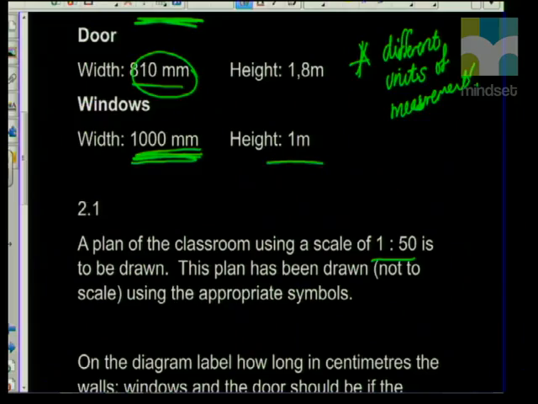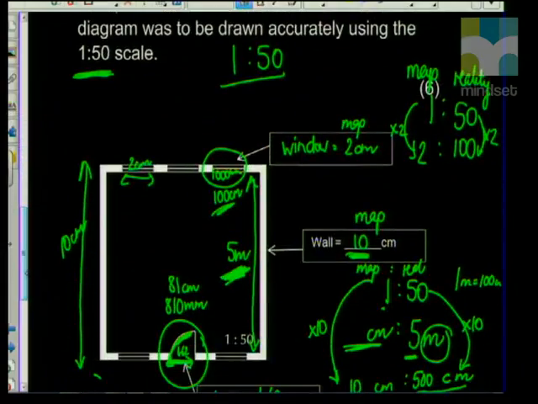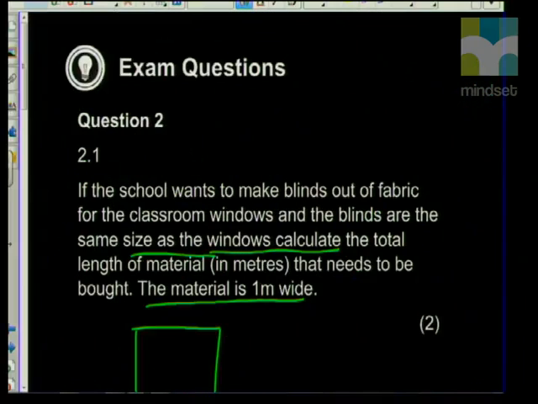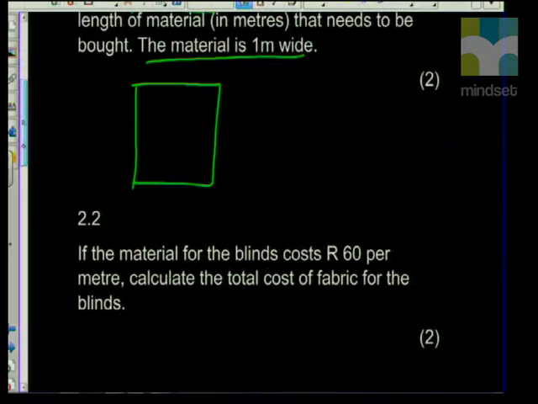And if we look at our diagram, we can see that there's 1, 2, 3, 4, 5 windows. So we know that they're 1 meter high, 1,000 millimeters wide, and we know that there's 5 of them.